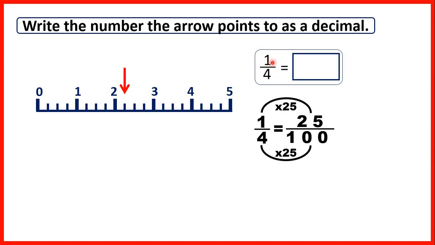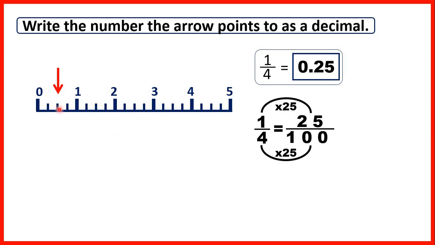So, because we know that 1/4 is 25 hundredths, we know that as a decimal that's 0.25, because the denominator of 100 tells us that we can't go past the hundredths place value, and the hundredths is the second digit after the decimal point. So here, the arrow is pointing after 2, and it's pointing 1/4 after 2, so 2 and 1/4 is 2.25, because 1/4 is 0.25.